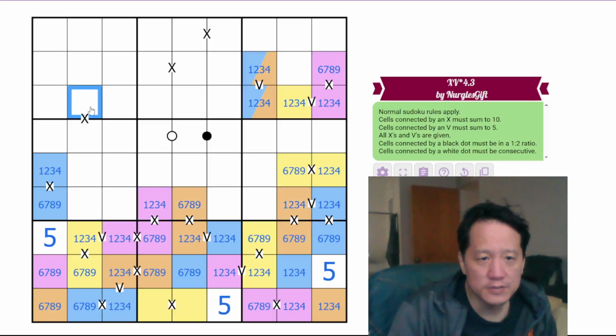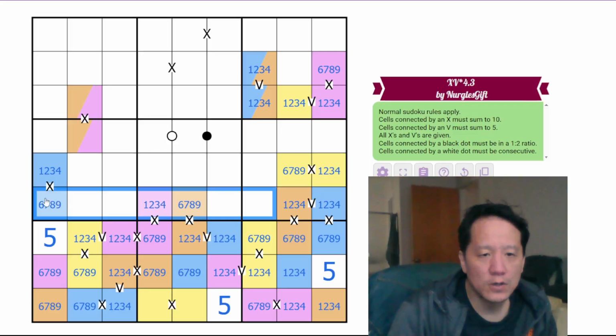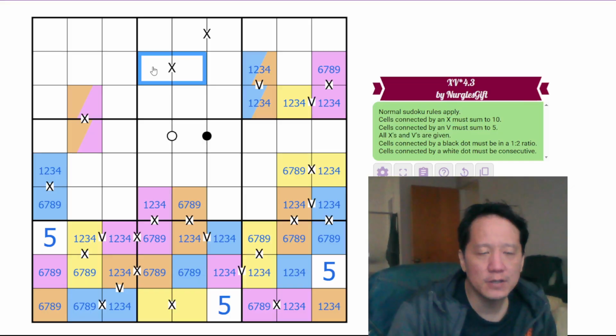What other... This is not yellow or not blue. It's either pink or orange. What are the remaining cells? This can't be pink.